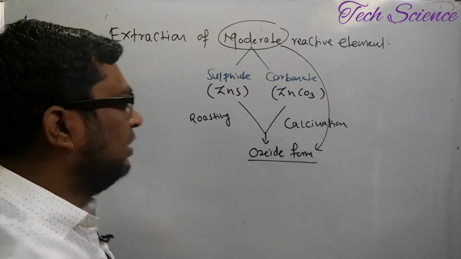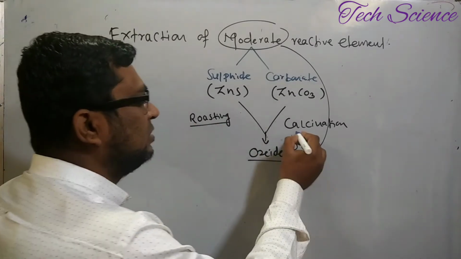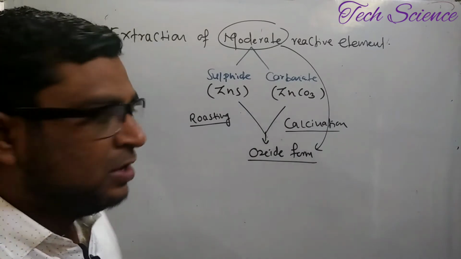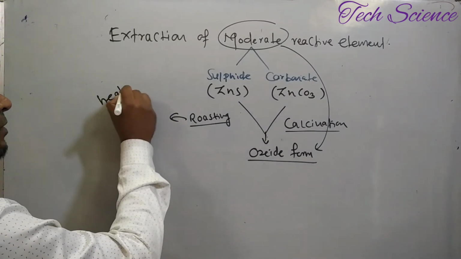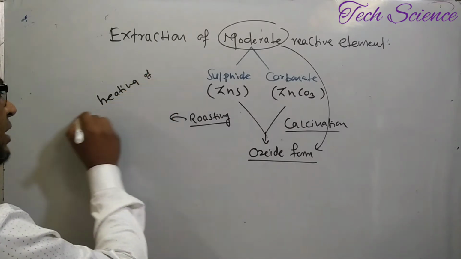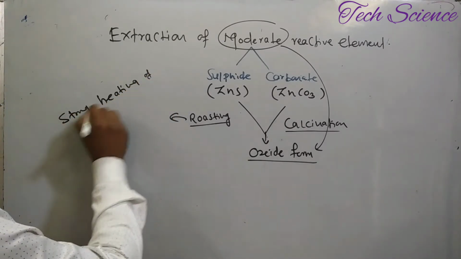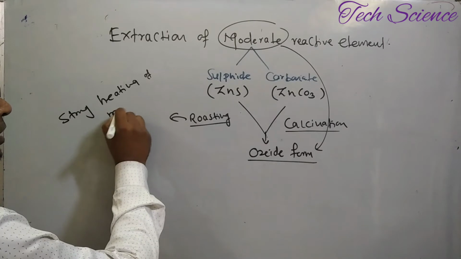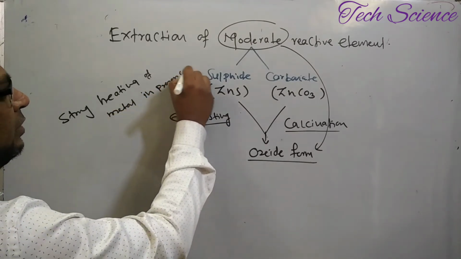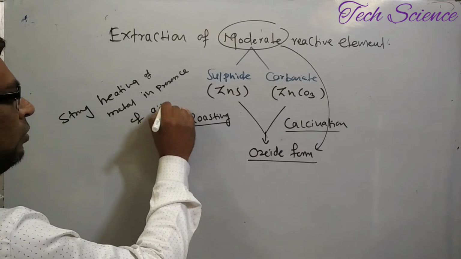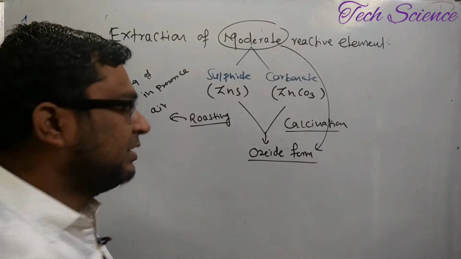Now the question is, what is the meaning of the words roasting and calcination? Roasting means strong heating of the metal in the presence of air. This is called the roasting process. What is the calcination process?